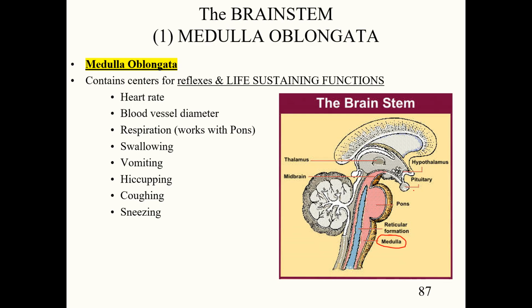So you can see why somebody who might have been in a car accident and had some frontal lobe damage, where their voluntary motor control may not be working, or the parietal lobe may be affected and they may not have incoming sensory information, will still have a heartbeat and working lungs, because that's in this area of the brain, which is very much protected in those kinds of accidents.